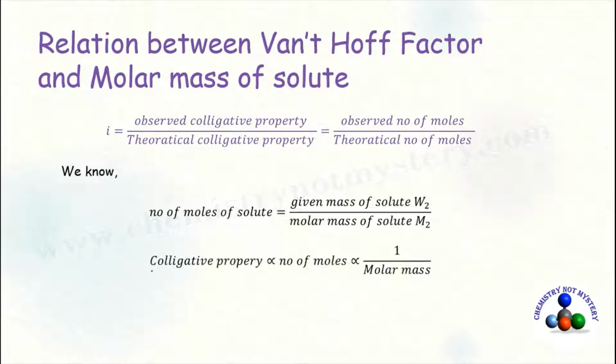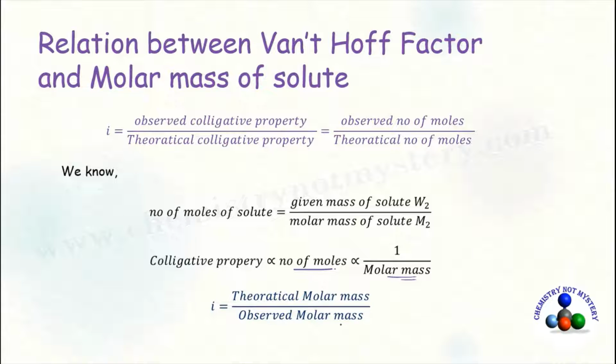And we know colligative property is directly proportional to the number of moles, and the number of moles is inversely proportional to the molar mass. From this relation we can derive another equation. So the Van't Hoff factor i will be equal to the theoretical molar mass divided by the observed molar mass.